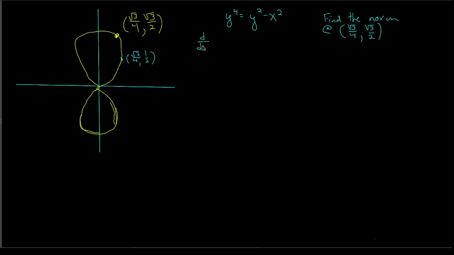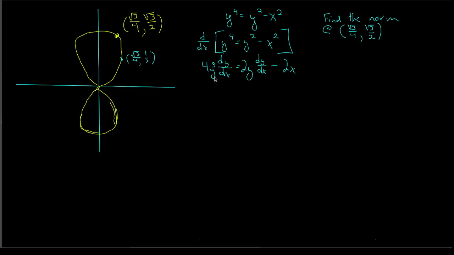So we need to find dy/dx. To find dy/dx, we're going to differentiate this with respect to x. And then we're going to pull out our y cubed. We bring the 4 down, that becomes y cubed.